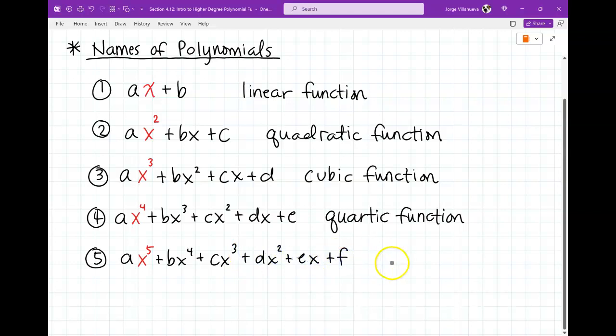This is called a quintic function. All right, so I'll just kind of highlight those things here. Again, these are the names of them, okay? So depending on what they ask you, what they give you, you should be able to tell them what the name of the function is.